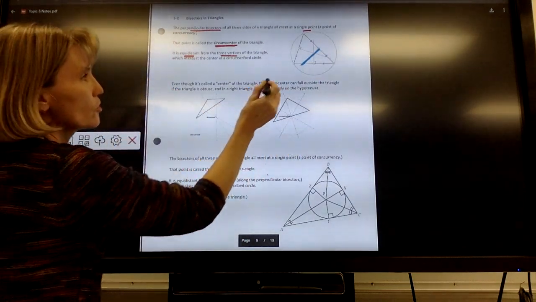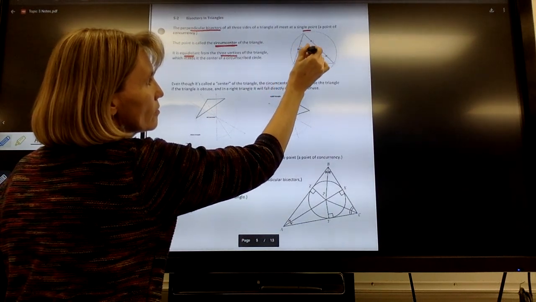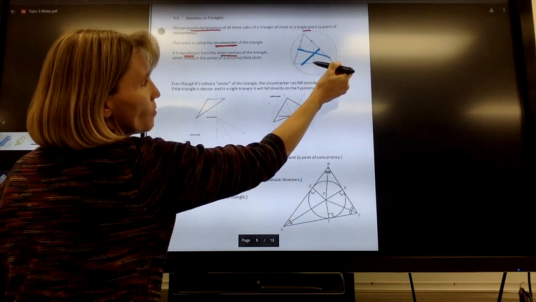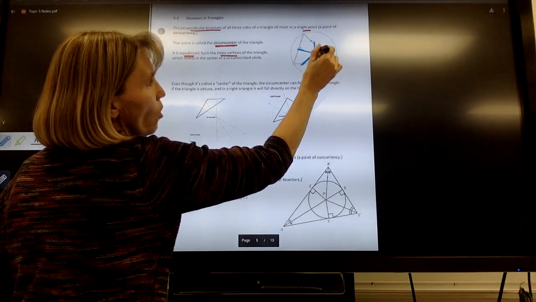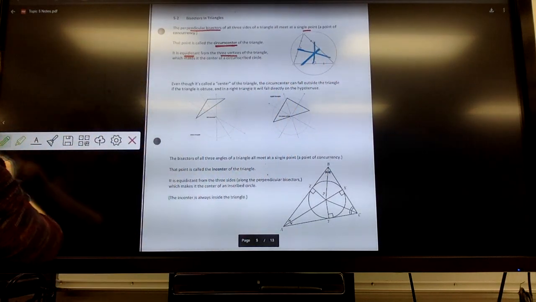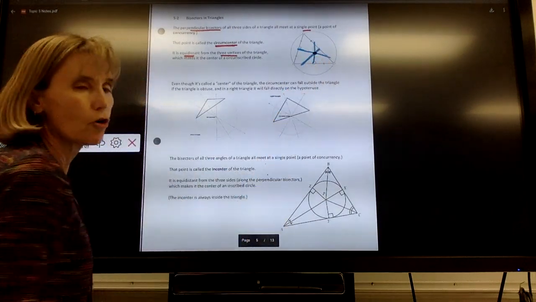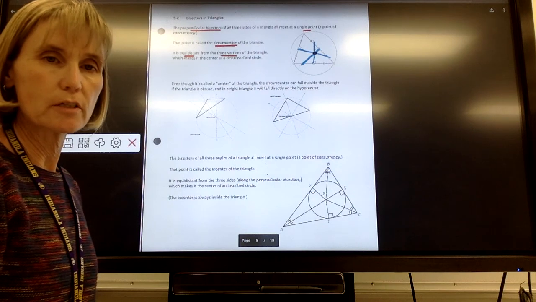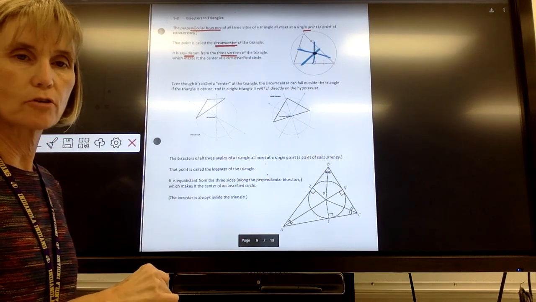If I were to construct another perpendicular bisector for this side here, and then a perpendicular bisector for the final side of the triangle, they all meet at one point. All those lines are going to cross at a single point, and we call that a point of concurrency, specifically the circumcenter. It's the circumcenter of the triangle.